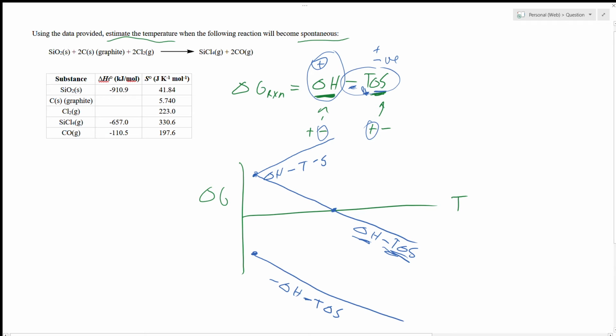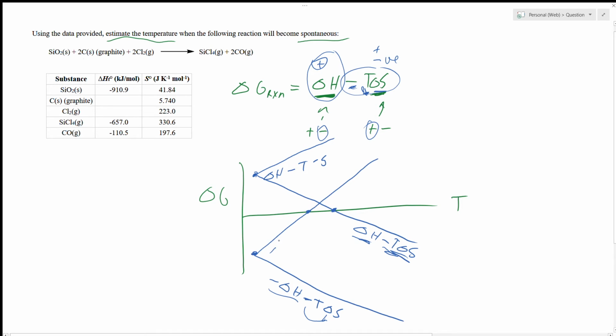The other scenario is where we have a negative delta H initially and a negative delta S, so that these multiplied together, negative minus times a minus delta S, will be a positive. So there may be a temperature where this final bit gets overwhelmed.